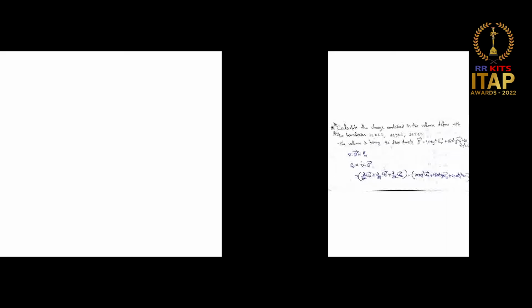The volume has the flux density D bar given as 10xy square ax bar plus 15 x square y ay bar plus 20 x square y square.